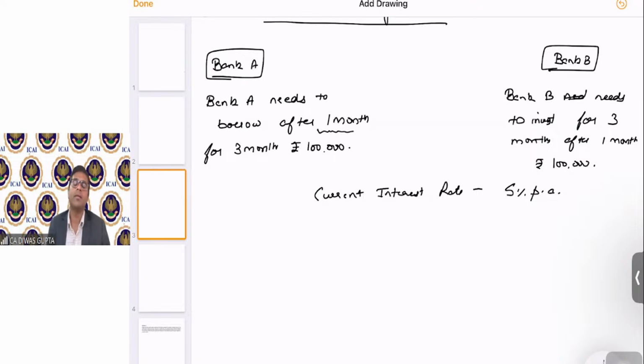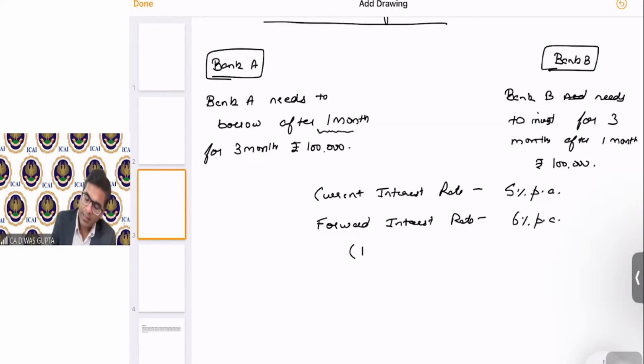Which essentially means we need to take into account the forward interest rate, students. The forward interest rate is 6% per annum, and this is for 1 month from now. 1 month from today, if somebody wants to borrow or lend, it will be 6% per annum. Okay. It's just like in our derivatives, where we studied the current price of the equity and the forward price of that equity.